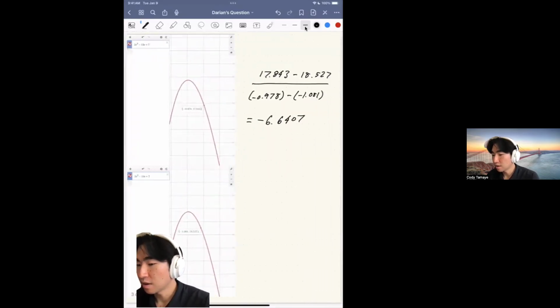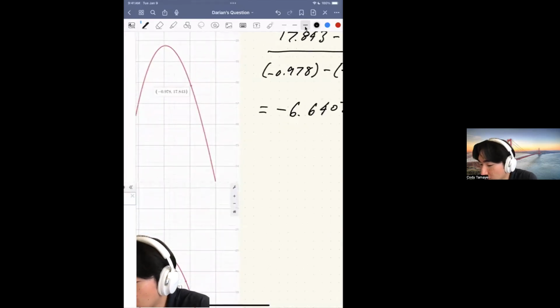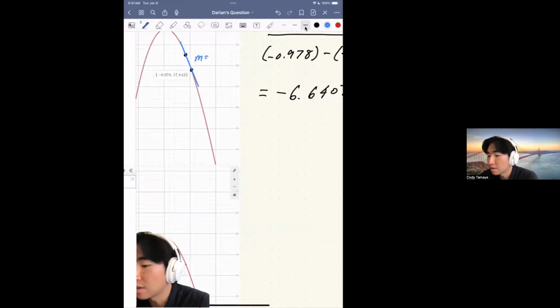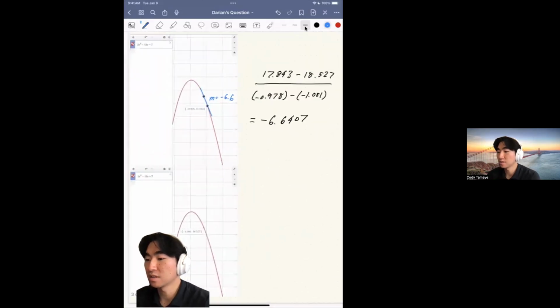So as we can see here, the slope approximated between these 2 points, somewhere around here and here, is around negative 6.6.